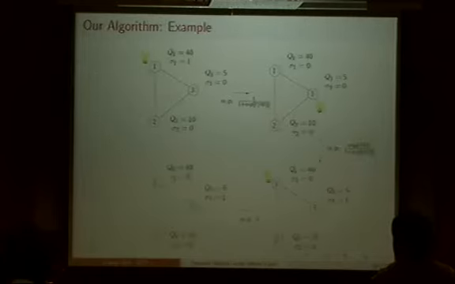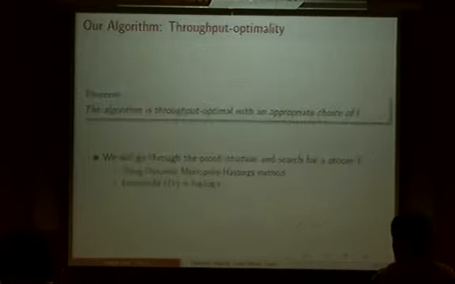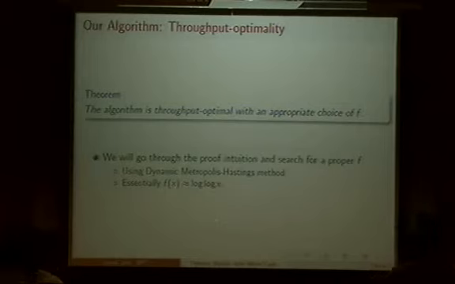This is an example of my algorithm, but I'm going to skip this slide. We prove that this algorithm is throughput optimal if we choose f correctly. So we choose f to be log x and prove that our algorithm is throughput optimal. It means high performance, like the max weight algorithm.